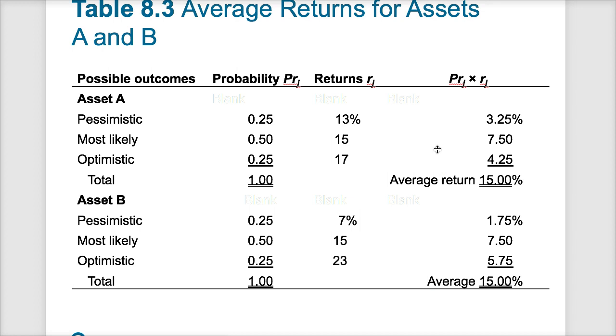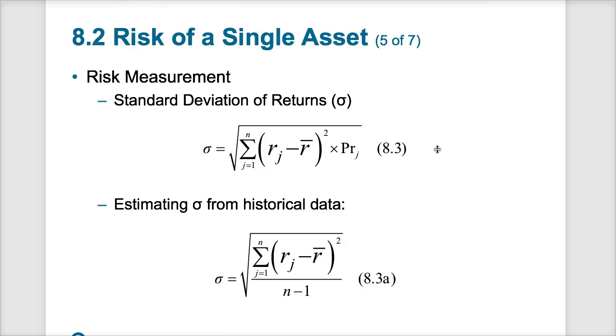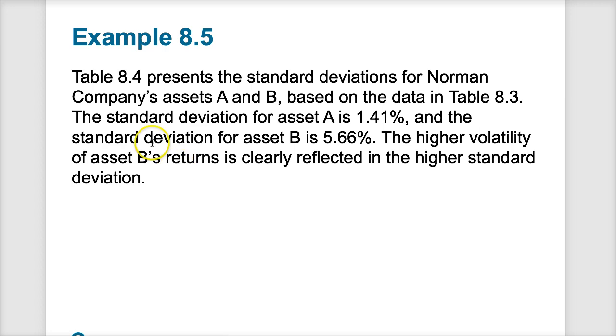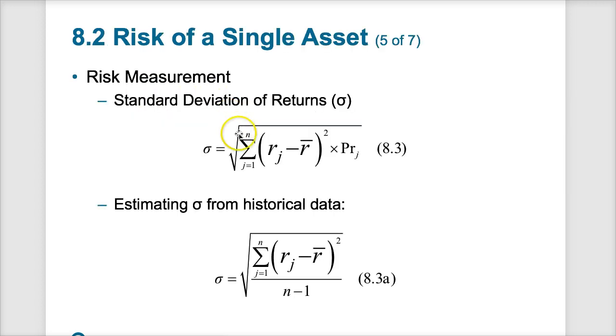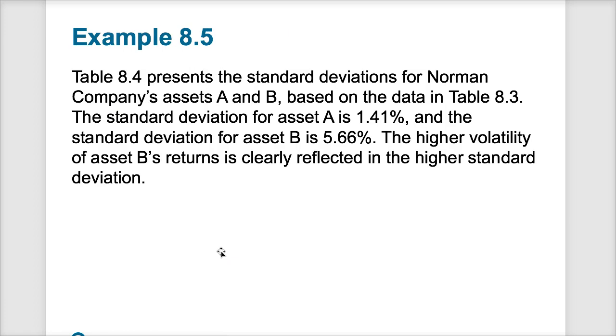So we want to look at what is the risk associated. If we take the standard deviation formula and put this information into it, for asset A and B, the standard deviation for asset A is 1.41, and the standard deviation for asset B is 5.66.